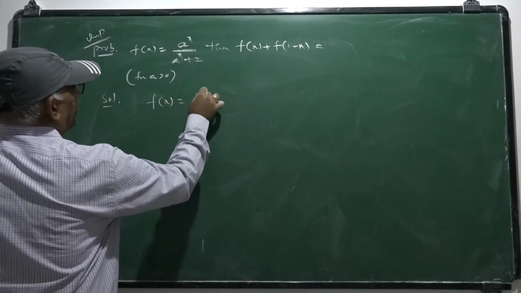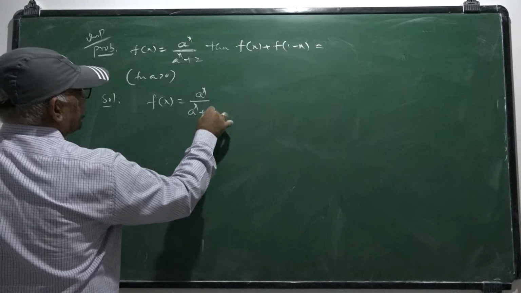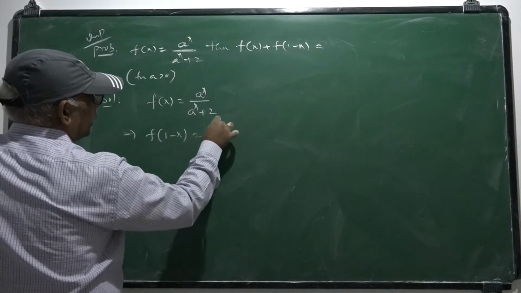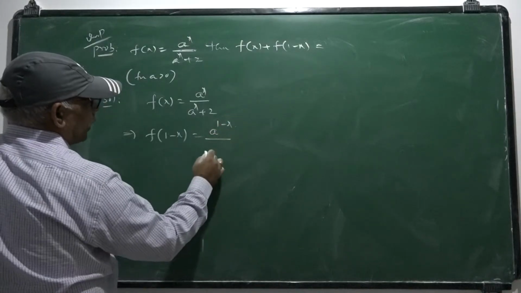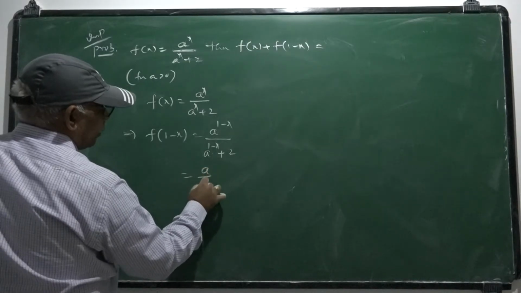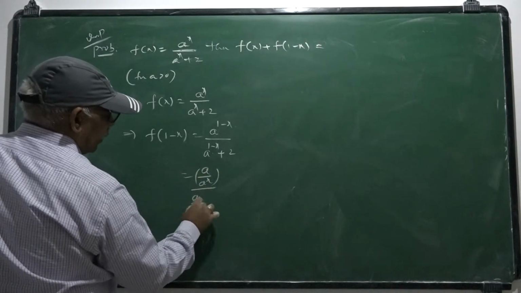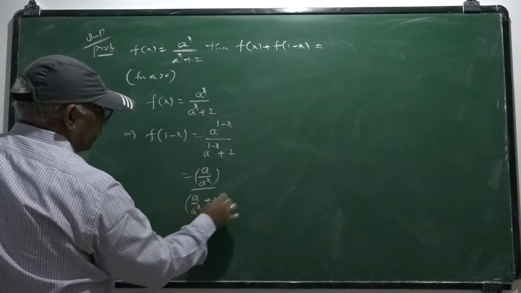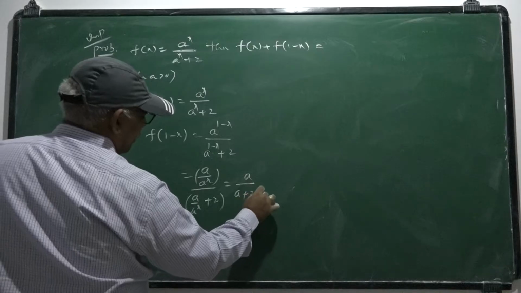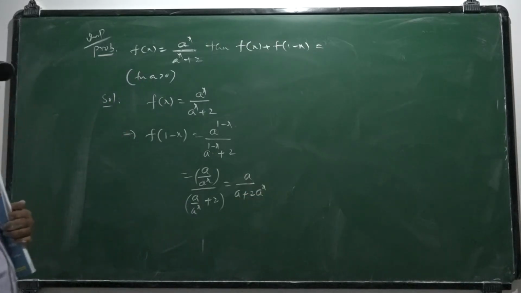Given f(x) is a^x by (a^x + 2), that implies f(1 - x) is, replacing x with 1 - x, a^(1-x) by (a^(1-x) + 2). That is a by (a + 2a^x).